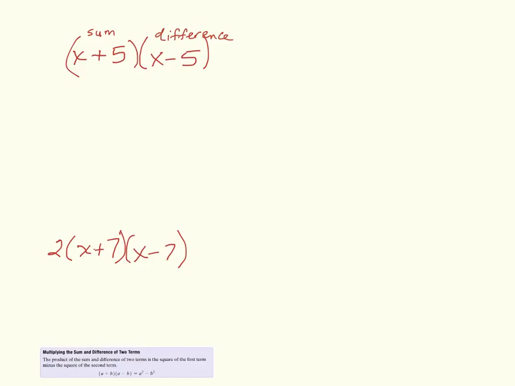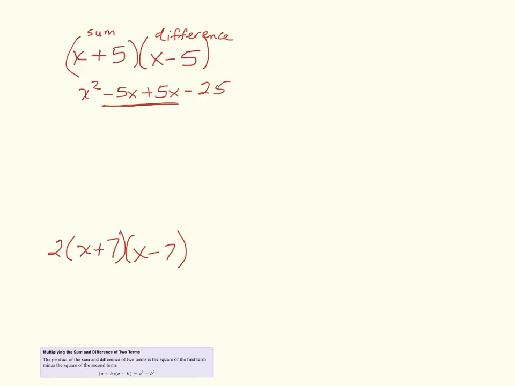And notice what happens when we FOIL them. If we FOIL them, we get x squared minus 5x plus 5x minus 25. But then what happens to the middle two terms here?